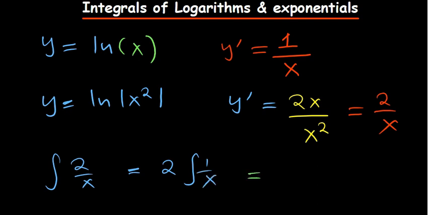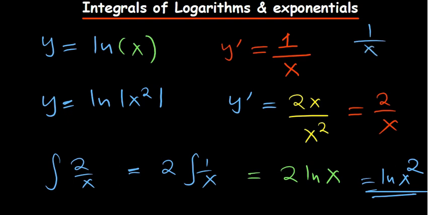It is just natural log of x. Now you know that according to the rules of logarithms, this can go back as a power there. So you have natural log of x to the power 2. So you can clearly see that when you have 1 over a variable raised to the power 1, or in other terms the variable raised to the power negative 1, the opposite is the natural log.